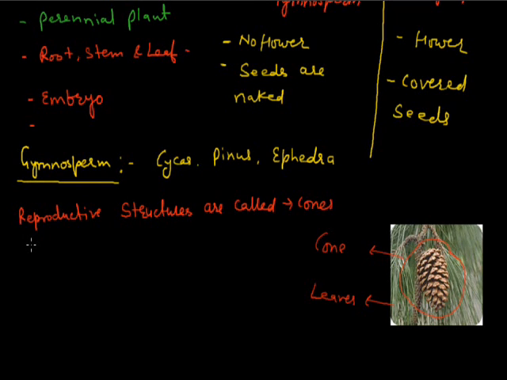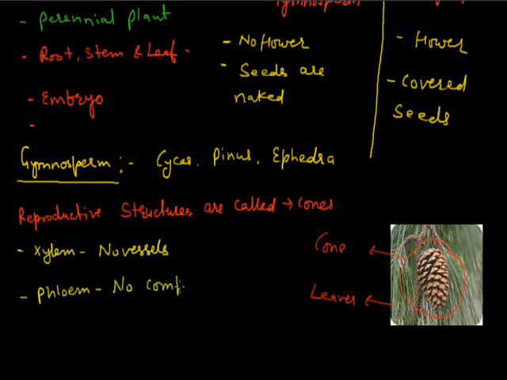Now another important feature in the case of gymnosperm: they have well developed xylem, but the xylem has no vessels. Xylems are without vessels. Phloem has no companion cells. The remaining cells are present but no companion cells.